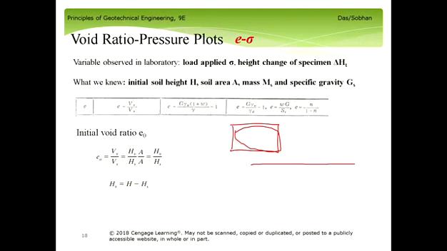We say that this is a one-dimensional consolidation test. Why do we call it one-dimensional?